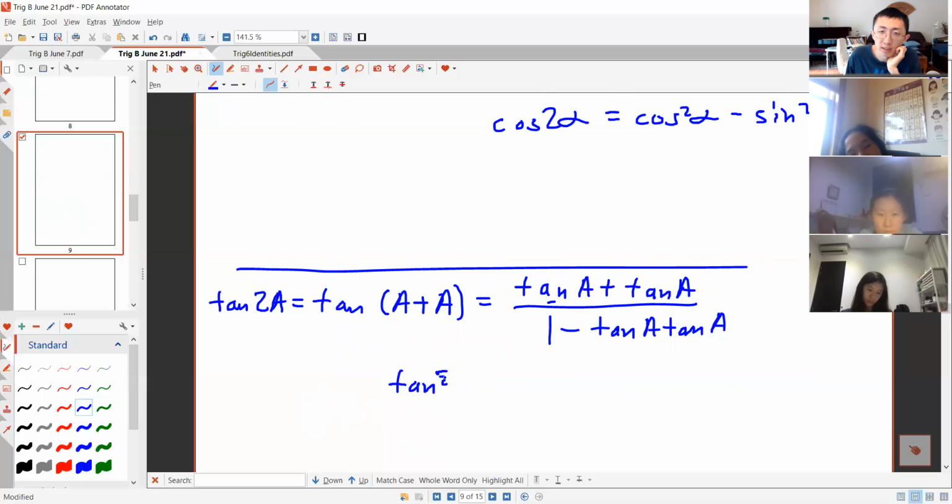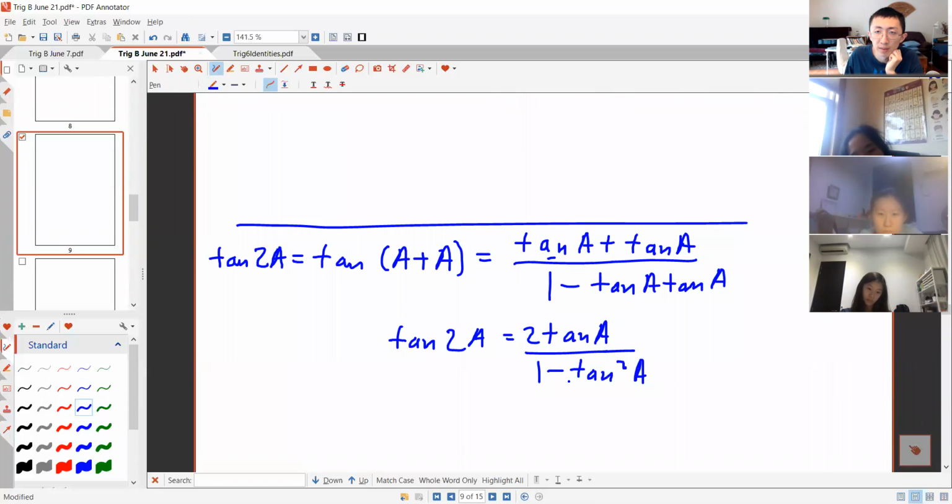So the tangent of a double angle is just 2 tan A over 1 minus tan squared A. That's the tangent double angle formula. Again, it comes from the addition formula. So it's good to have it memorized, but it's more important to have just the addition formula memorized. The addition formulas let you derive the subtraction formulas and the double angle formulas.